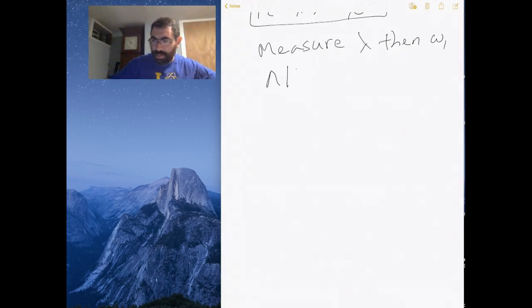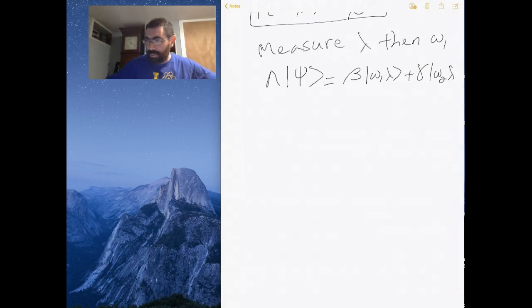lambda on psi, selecting the other lambda, then we get the two degenerate states. We would get beta times omega 1 lambda plus gamma times omega 2 lambda, and then the normalization of the square root of beta squared plus gamma squared.